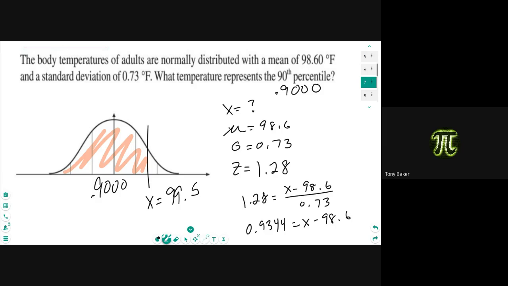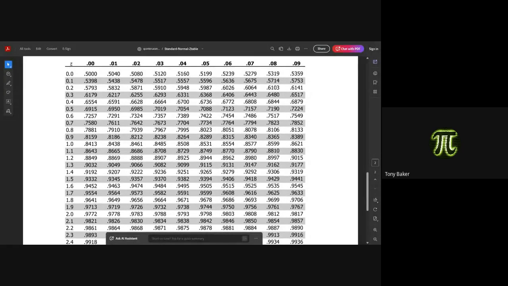All right, you should have gotten 99.5. In this case, the 0.9, the 90%, was not on the sheet. The numbers go in order, so it's easy to scroll down. The 0.9 is not on the sheet, so you have 0.8997 and 0.9015.